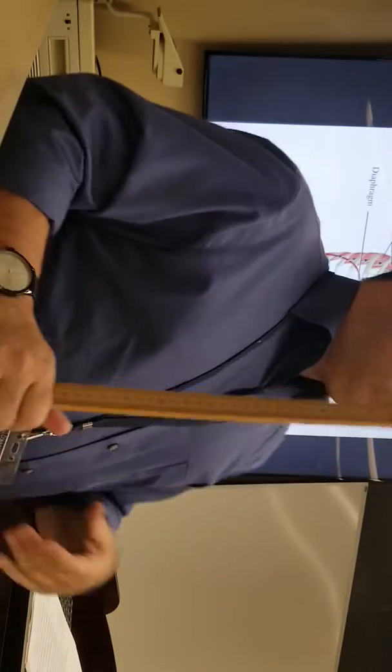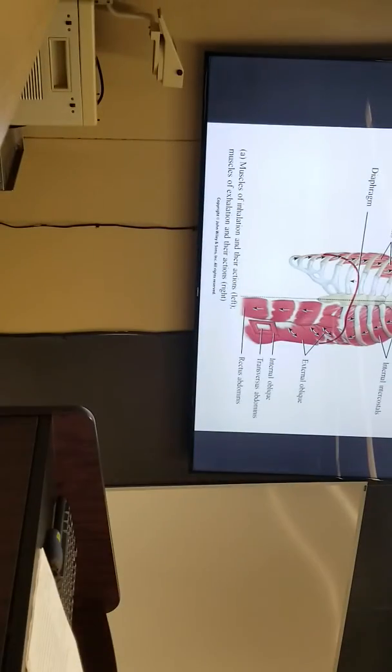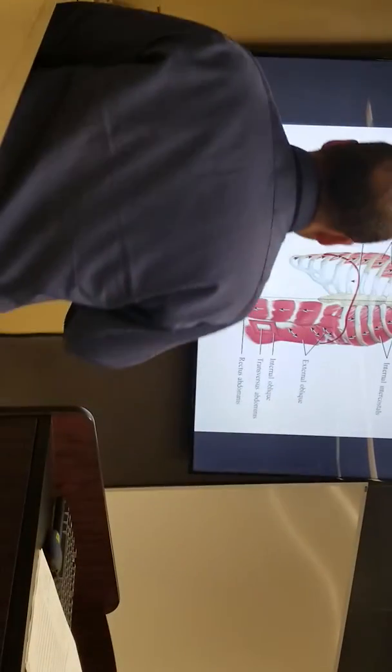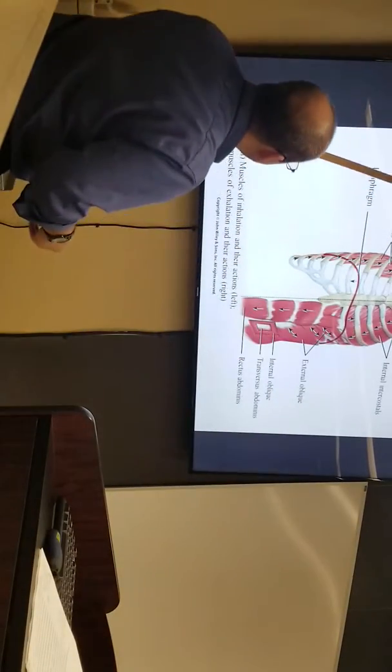Now, when we take a breath in and when we take a breath out, it's not just a simple, okay, oxygen is coming in our body, carbon dioxide is leaving our body. It involves a whole bunch of different muscle groups. So if we breathe in, look at the different muscles that we have to use.